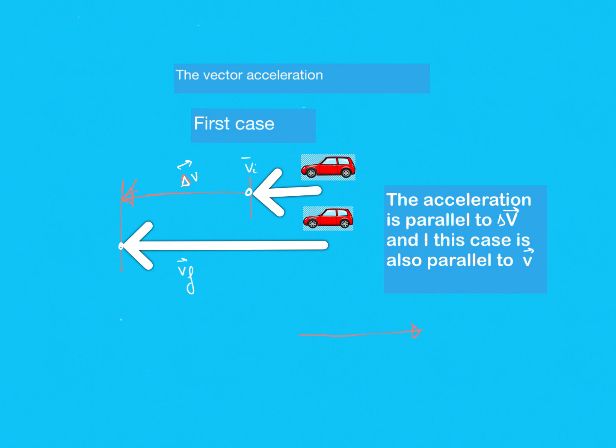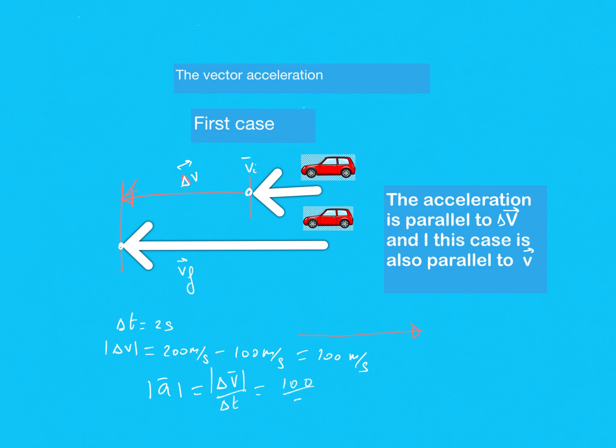So if this has happened in delta t equal 2 seconds, and the change in the magnitude of the velocity is, let's say, from 200 meters per second to 100 meters per second, the change in the magnitude of the velocity is 100 meters per second. And the magnitude of the acceleration will be the magnitude of the change in the velocity divided by the change of time, so it will be 100 divided by 2, it will be 50 meters per second squared.